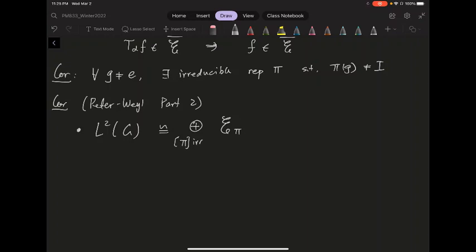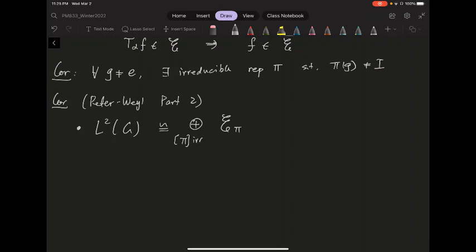Because if two things are unitarily equivalent, then they give you the same E pi. So for each equivalence class of these irreducible ones, you get one copy of E pi, and then you take their direct sum. Well, this is essentially just the closure of E, and we know because E is dense inside the L2, this L2 can be decomposed this way.